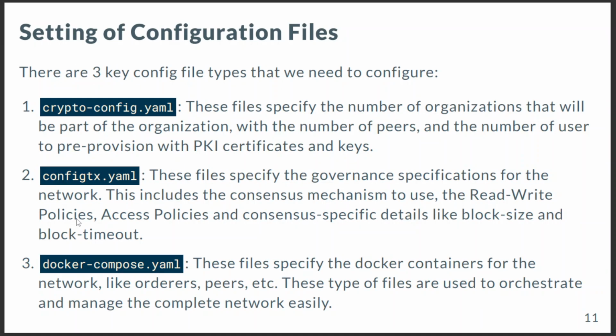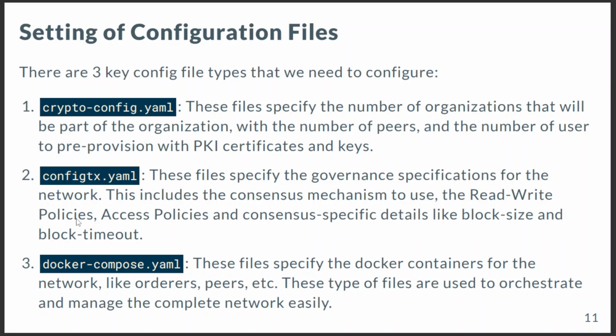Next is setting up the configuration files. There are actually three types of configuration files in our system for Hyperledger Fabric. First is the crypto config. It contains the details of the network structure, the number of users, the number of peers and everything, and it helps us create the certificates and cryptographic materials for our system. Next is the config tx YAML.